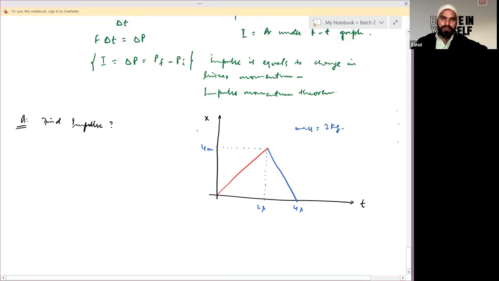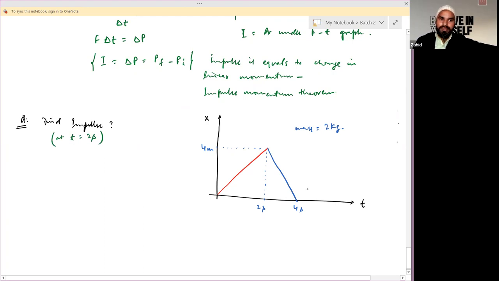I'm giving you a hint how to simplify it. Impulse, in one sense, equals force into time. So with respect to graph, it will equal area under the force time graph. But in this part, we have a graph in terms of x versus t, that is position and time. So we have to find change in impulse at t equals 2 seconds, let's say.